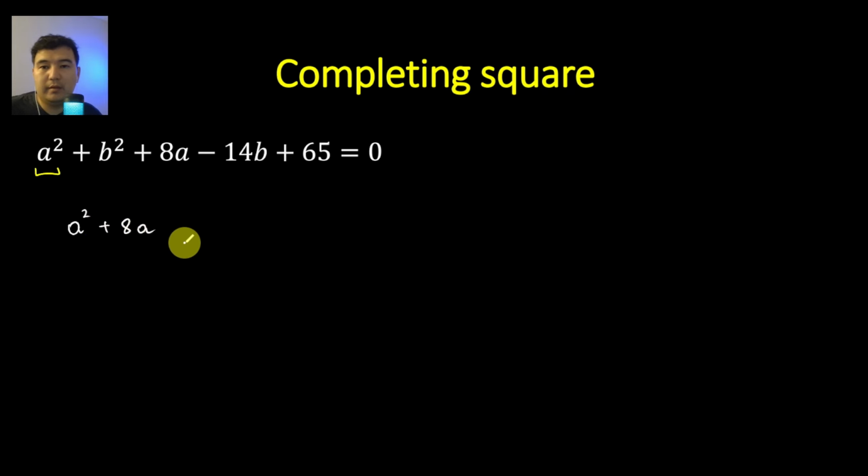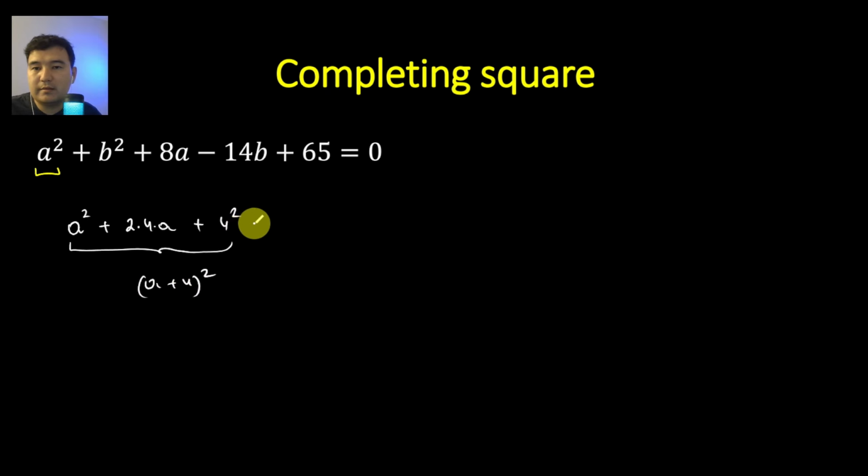So let's rewrite this 8 as 4 times 2, so 2 times 4 times a. That means I can add an extra 4 squared here, so that this becomes just (a plus 4) squared.